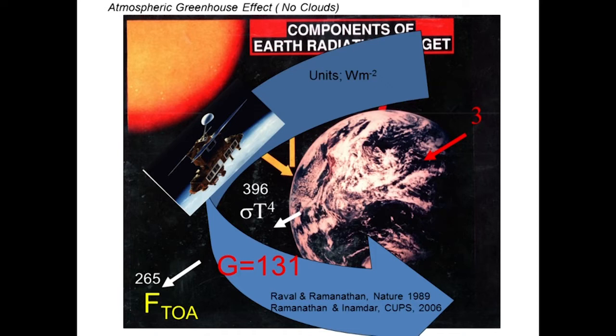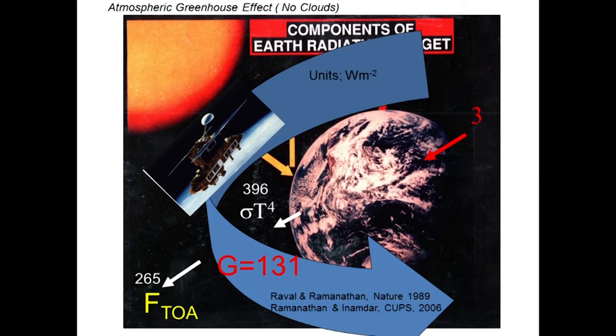It doesn't, it's less efficient than a black body. If you assume that, then sigma T to the power 4, if you differentiate it, is 4 sigma T cubed, and that's about 3.3 watts per meter squared per Kelvin. In other words, the planet can get rid of 3.3 watts for every degree of warming.